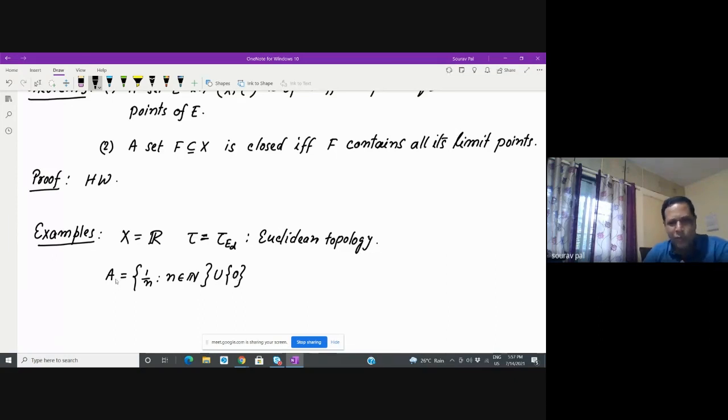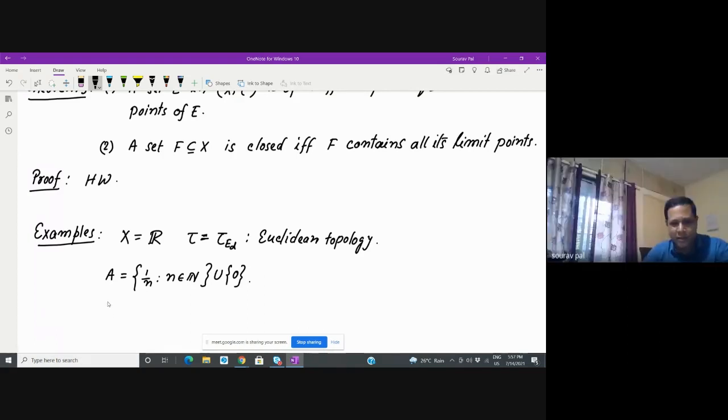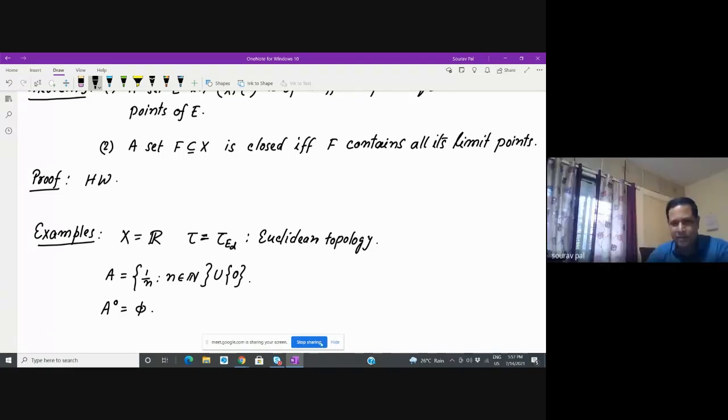Okay, can you please tell me what are the interior points of this set? Sir, empty set. Yes, so its interior is the empty set. And what are the limit points of this set? Sir, 0. Singleton 0. Yes. So A closure is A, and it contains 0, right?